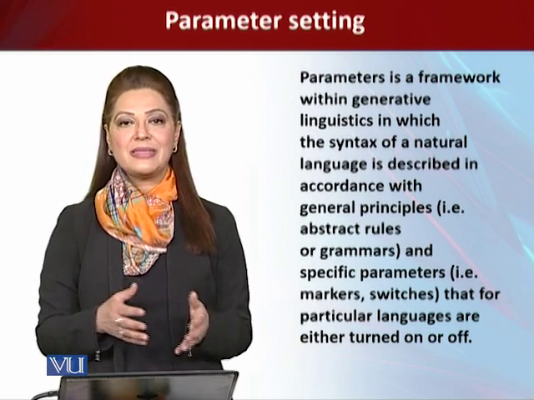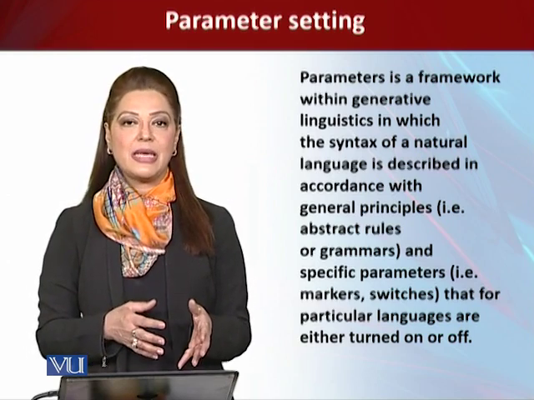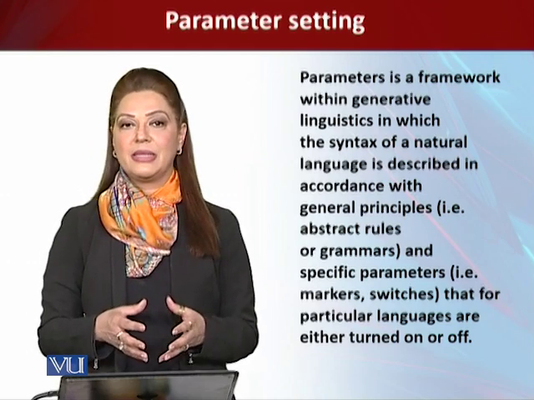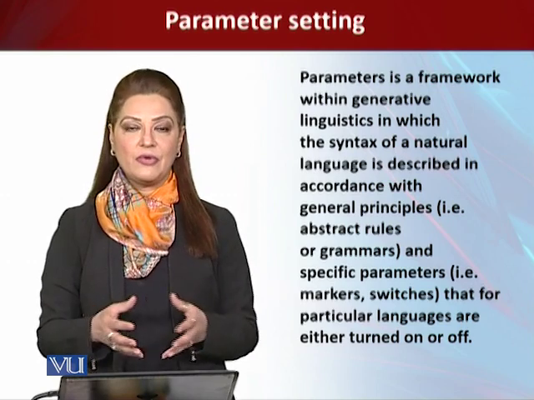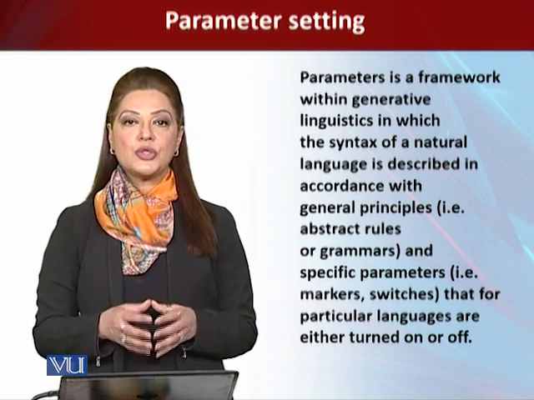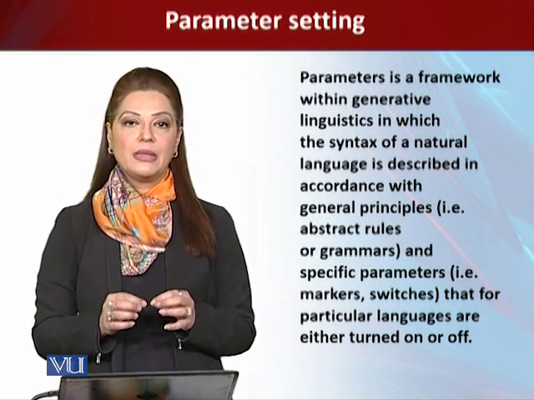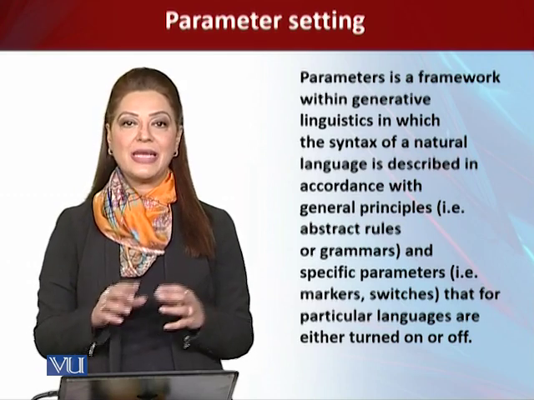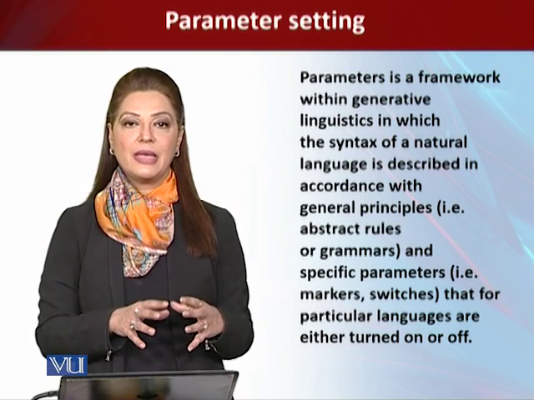In order to understand what we mean by principles and parameters, Vivian Cook has given a particular analogy, which is driving a car. To drive a car, the driver has to choose one side of the road. That is universal.